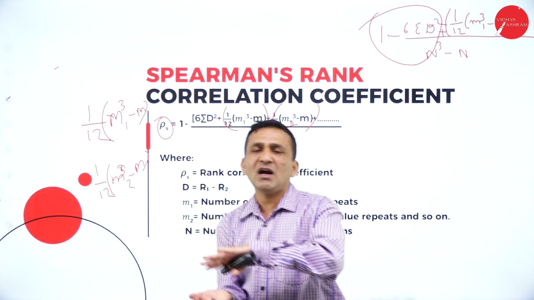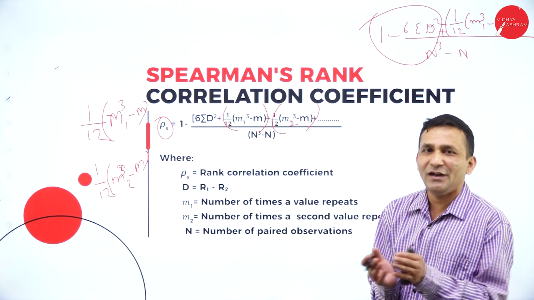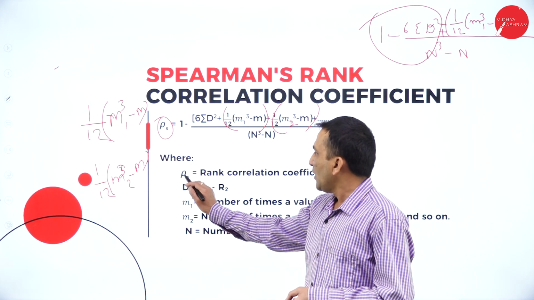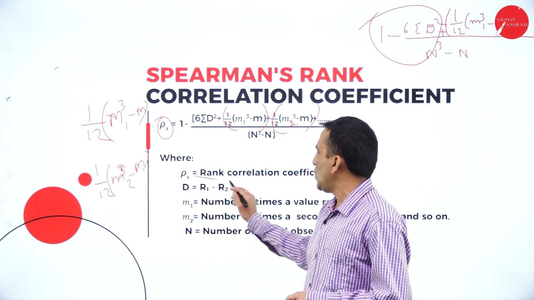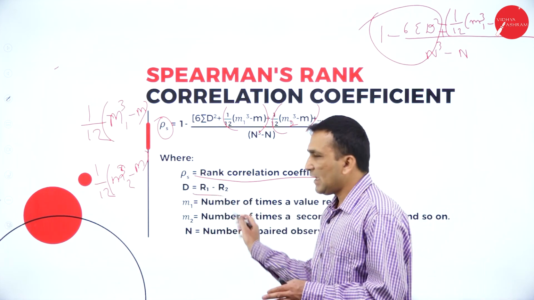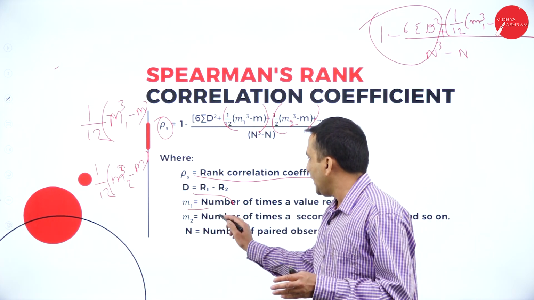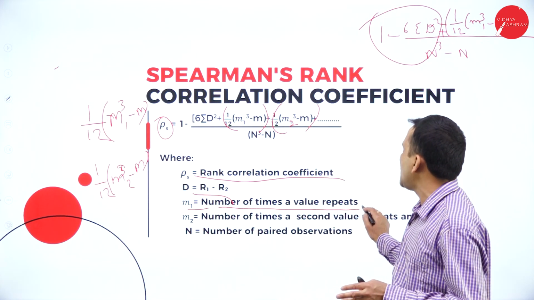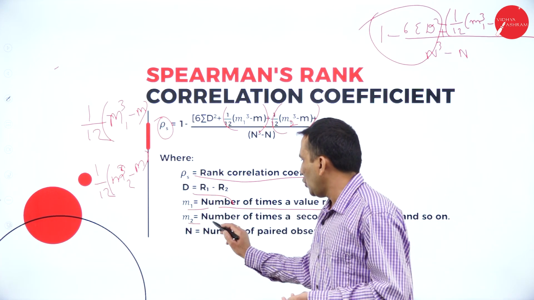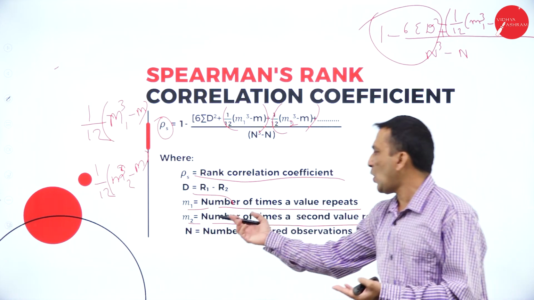In case of a third student, we keep extending for however many times the same marks are obtained. Here rho s is equal to the rank correlation, which rank correlation? Spearman. D stands for the difference between rank 1 and rank 2. M1 is the number of times the first value is repeated, M2 is the number of times the second value is repeated, and so on.